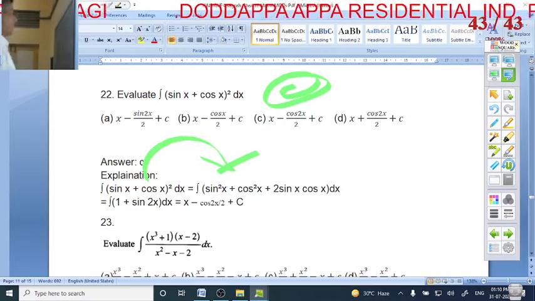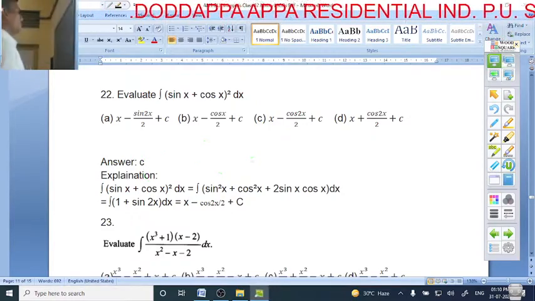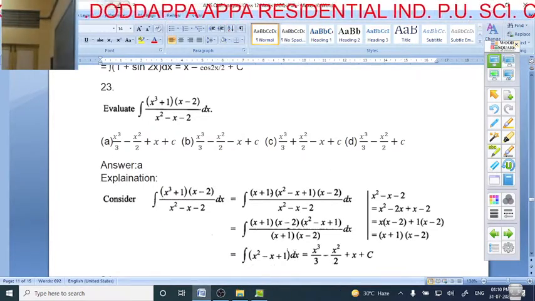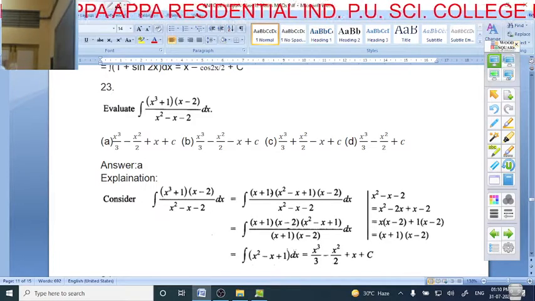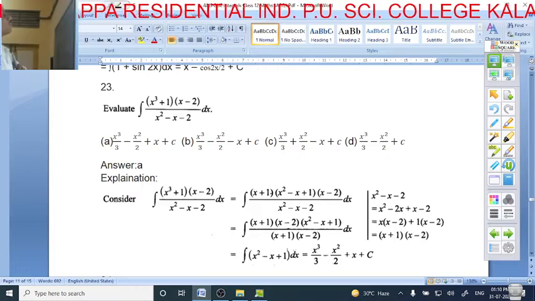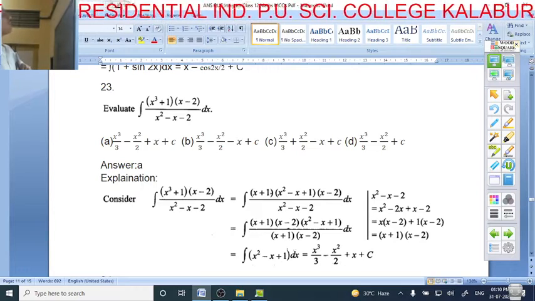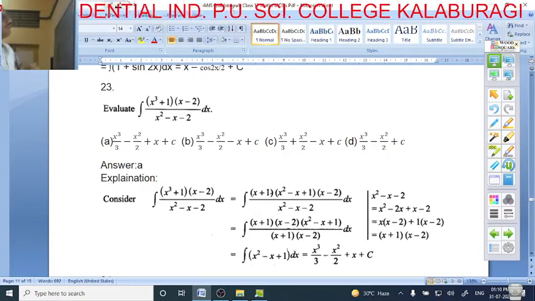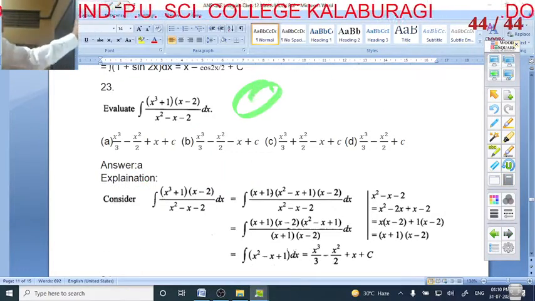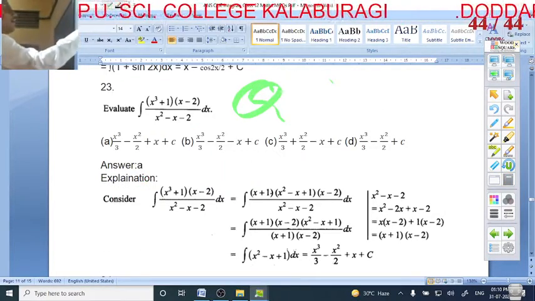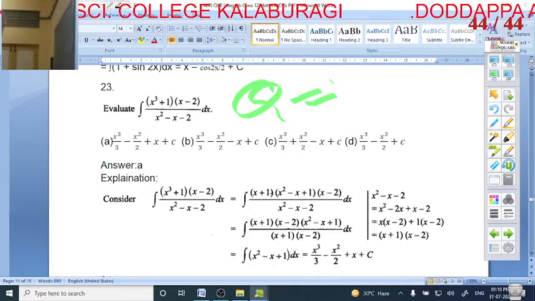Next example, 23rd. Slightly lengthy calculations are there. x cube plus 1 times x minus 2 divided by x square minus x minus 2. As it is in the quotient form, we can't integrate directly.